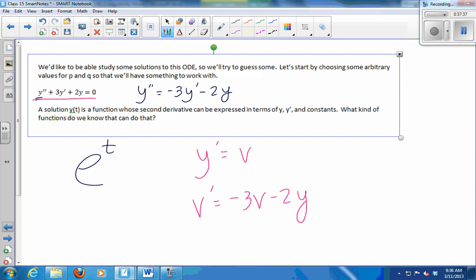So my vector field, when I write this as a vector, which is the first thing that we did in all the activities last class, p prime would be v, negative 3v minus 2y.